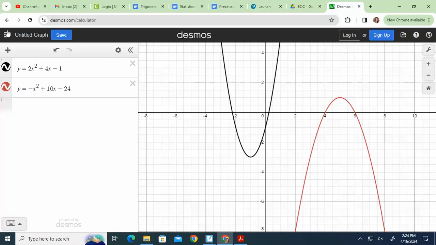So when I look at this, I have 2 parabolas. Do those 2 parabolas touch? No. Now, it will vary depending on the equations. We could have 2 parabolas that do meet each other, but the 2 that I'm looking at do not. And if they don't meet each other, what do we say? No solution.